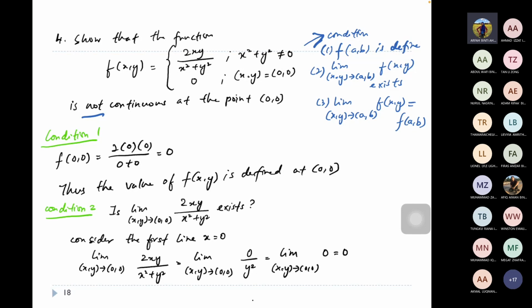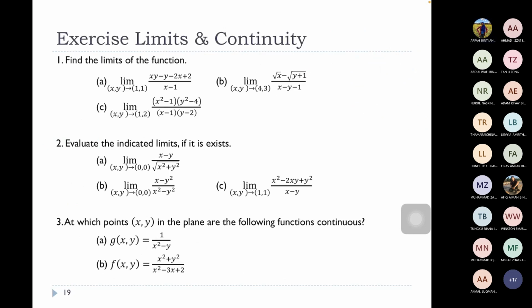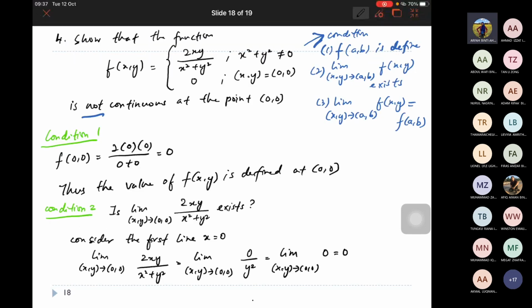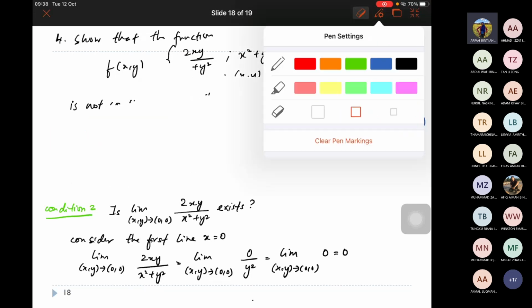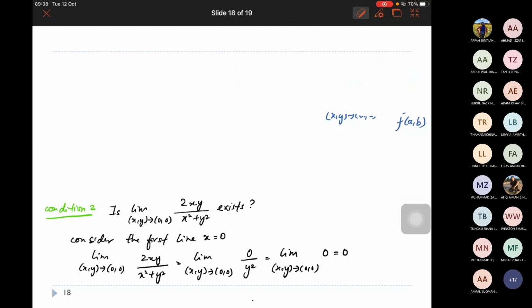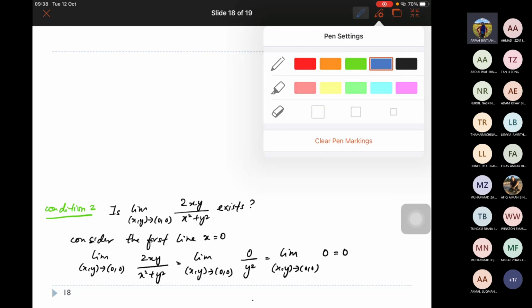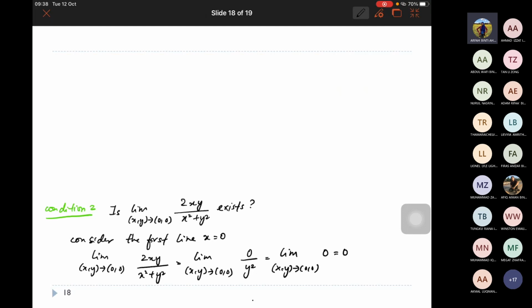So ini condition 1. So condition 2. Sambungan condition 2 dekat atas ni. So sambungan condition 2 continue ke atas. Okay. So consider the line y equal to 0.